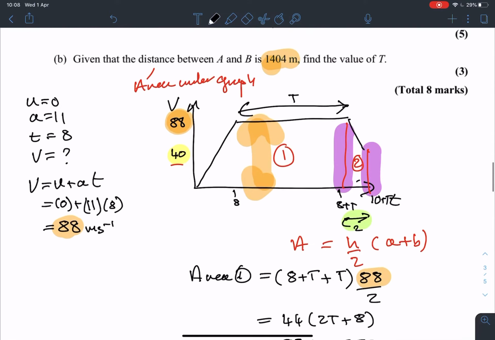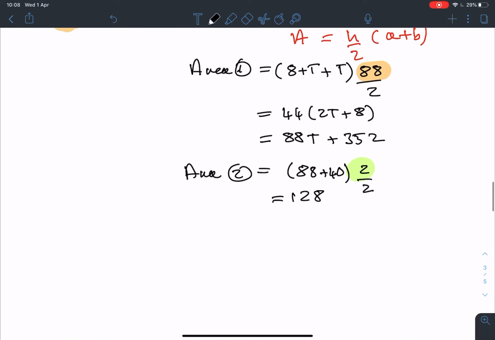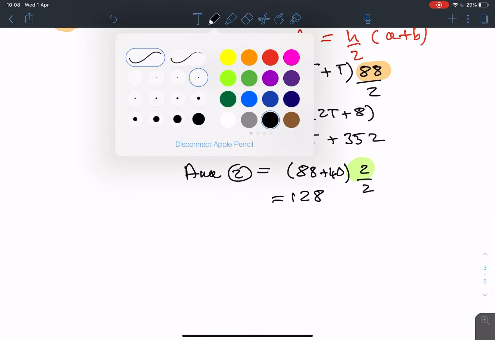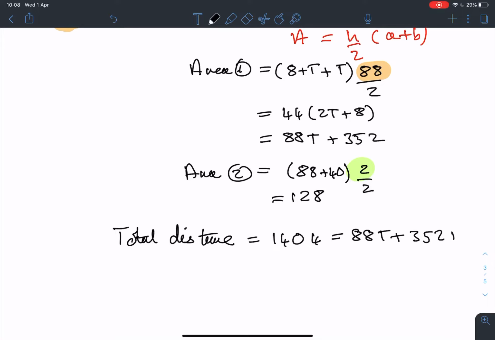Okay, let's go back and read the question. The total distance travelled was 1404 metres. Find the value of t. So the total distance equals 1404, which is equal to 88t plus 352 plus 128, which is 88t plus 480.